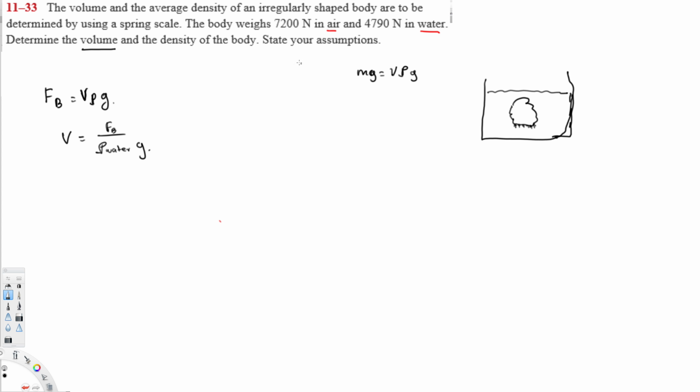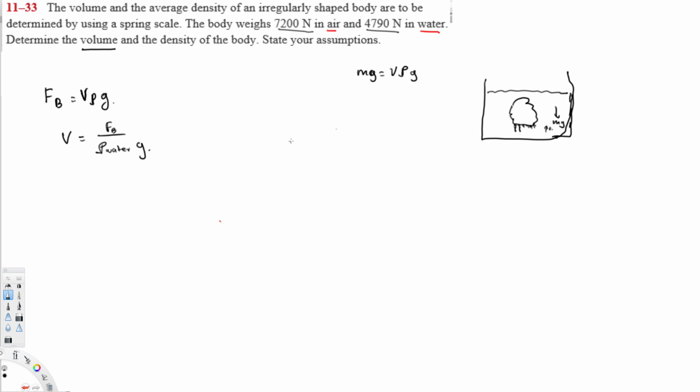I can calculate the Fb by using these two things, because the weight that we measure in the air is going to be the actual weight, and the weight measured in water is going to be reduced by Fb. When we put this one in the water, we have mg acting downward, Fb acting upward.